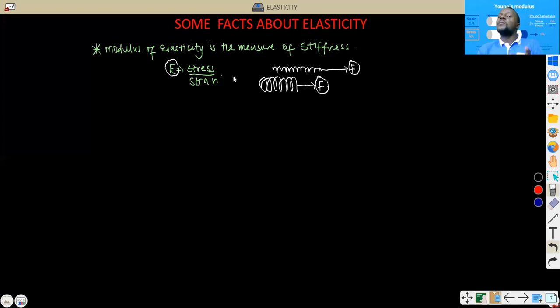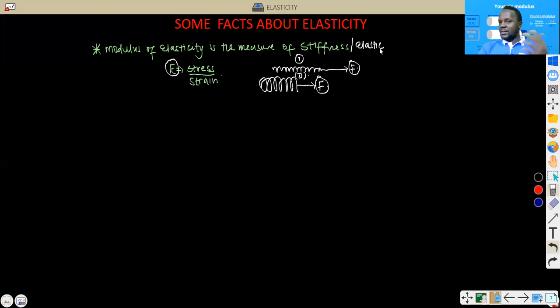So from our relationship mathematically, which I believe will be more understandable for most of us, let's say this is figure 1 and this is figure 2. According to this directly, there is more strain in this one than this. And if there is more strain in the first wire, it is going to have less modulus of elasticity. We also said the modulus of elasticity is a measure of the elastic property of a material.